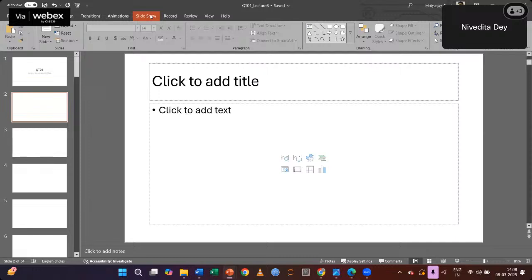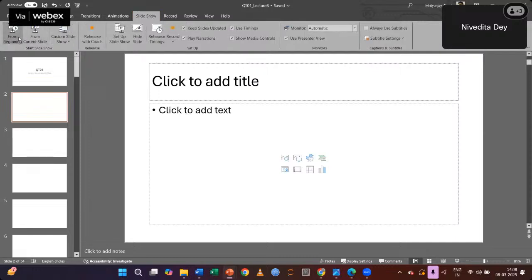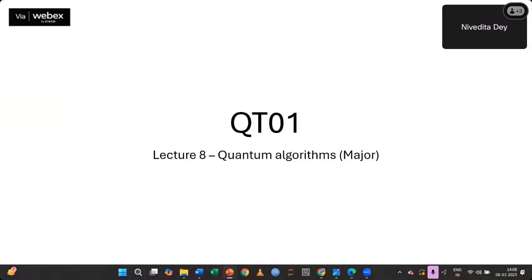So let me start. Okay. So where we ended in the last classes, we have seen the quantum circuit representation followed by the quantum algorithms. We started with a basic algorithm called the Deutsch algorithm.